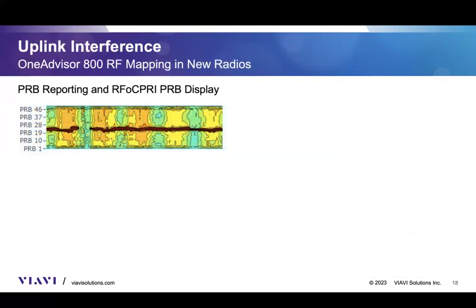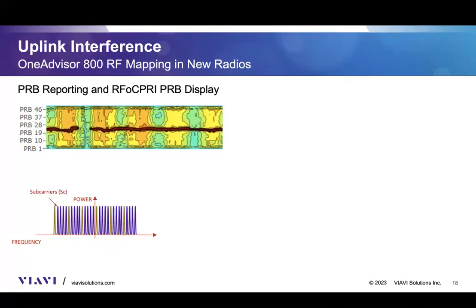Now, there's one more thing that I wanted to point out. Typically, management systems report PRB. This is just one example on a heat map of PRB. What is a PRB? It's a physical resource block. How is it defined? We have here a carrier, we have frequency and power.